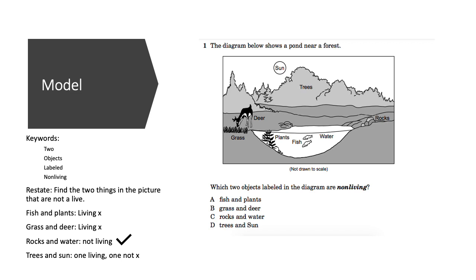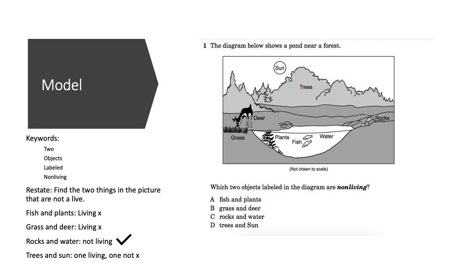So if I'm having a hard time figuring out what my answer is going to be based on the diagram or the picture, I'm going to go through each one of my answer choices and eliminate the ones that are not going to work. Fish and plants, they are both alive, therefore cross that one out.